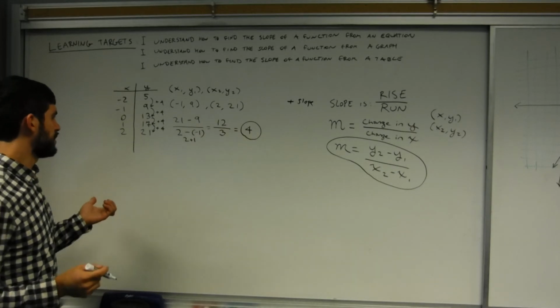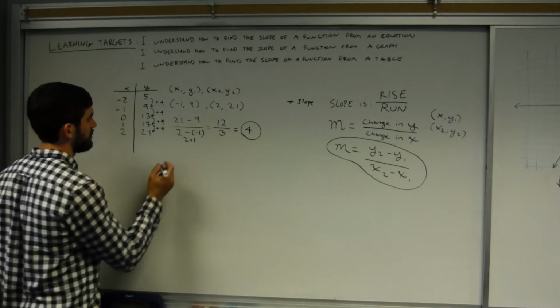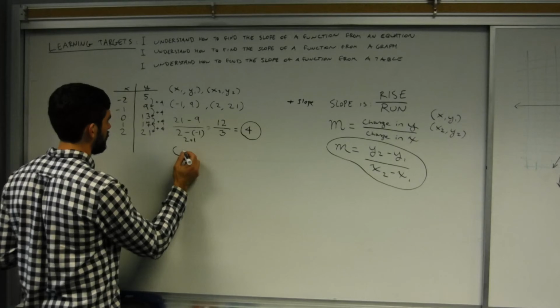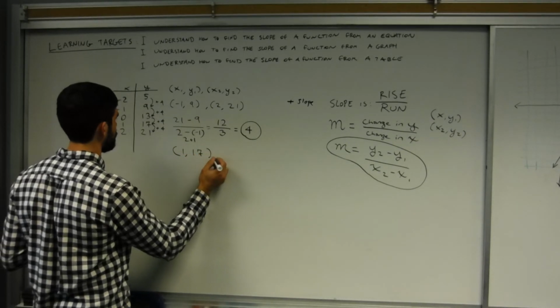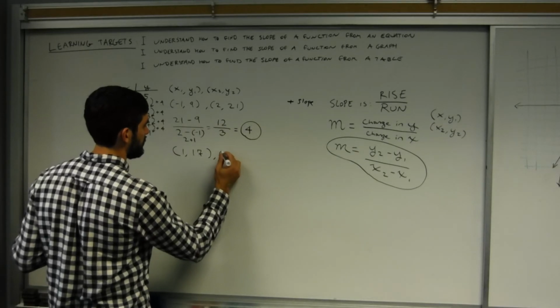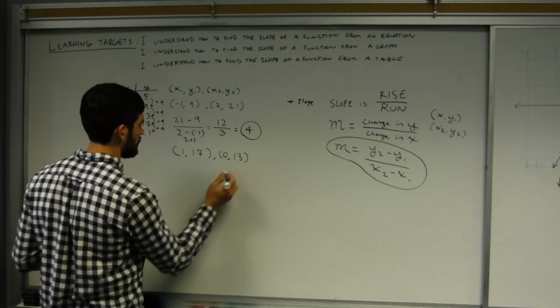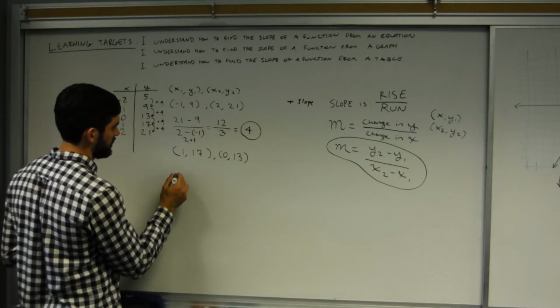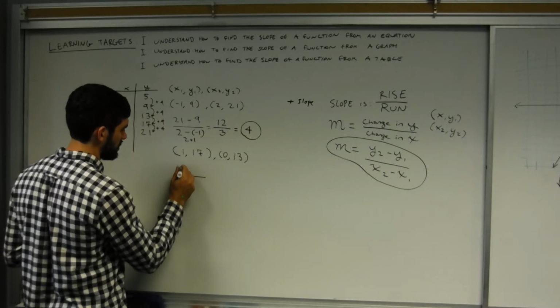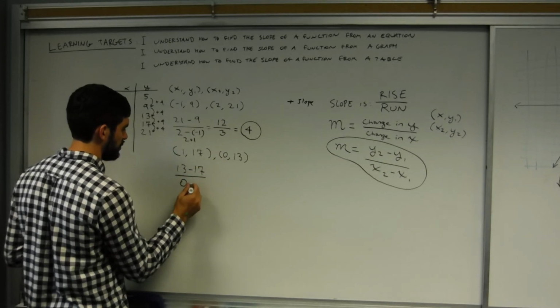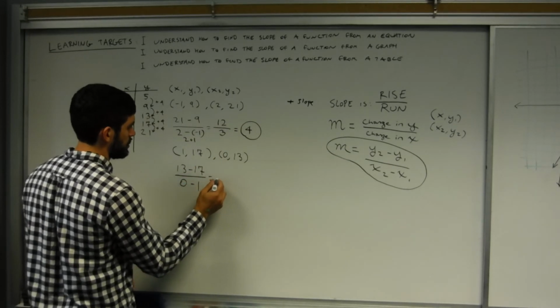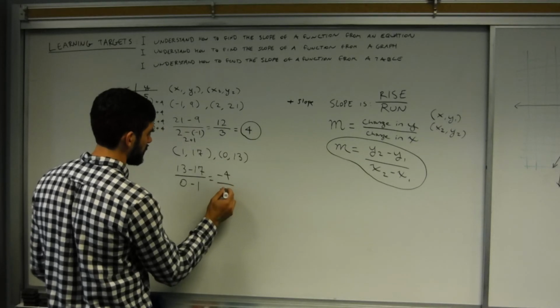For practice, we could pick another point to see if it works. What if we pick 1, 17, and 0, 13? If we pick these 2 points, we get 13 minus 17, and then 0 minus 1. It's a negative 4 over negative 1.